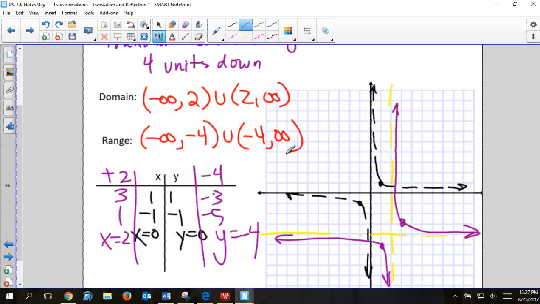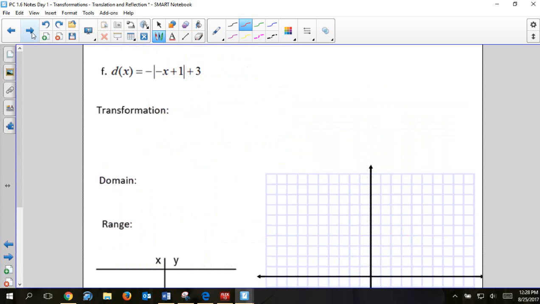A lot of you have done F, but wrong. Heads up, I'm seeing them. Okay, so on F, you have to check this every single time you have a number in front of the x value.